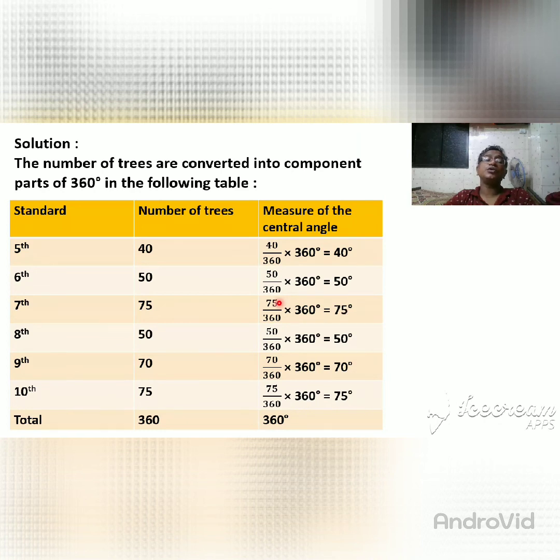Do you understand? Here is your angular measure. Here is your number, here is your total, and here is the angular measure. Okay, it means the 360 circle. So 360 cancels, 75. 50 upon 360 into 360, 360 cancels, 50. 70 upon 360, so this 360 cancels, 70. 75 upon 360, 360 cancels, 75.